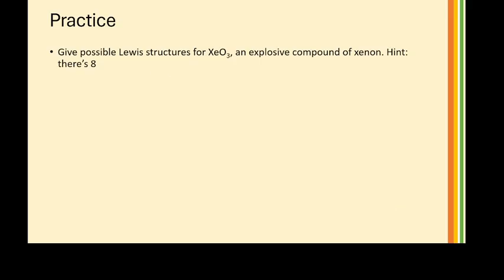All right, again, we begin with total valence. Xenon is 8, oxygen is 6, so we have 8 plus 3 times 6. This is 18 plus 8, 26 electrons.